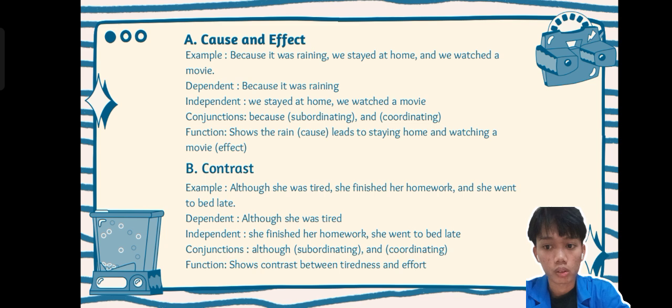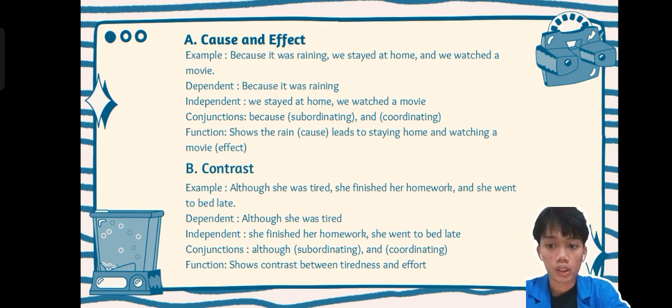The conjunction because connects the reason, and the conjunction and connects the result. This type of compound complex sentence is useful for explaining logical relationships, especially in academic writing, where causes and consequences are often discussed.